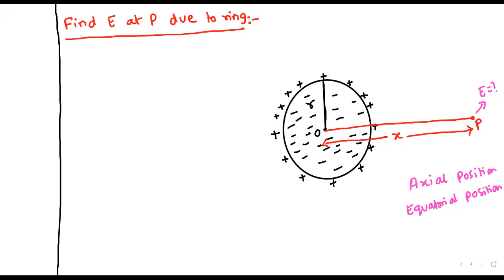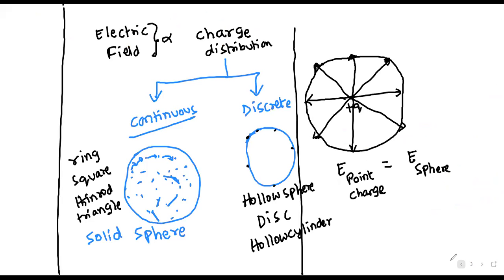So here P is passing through the center of the conductor.